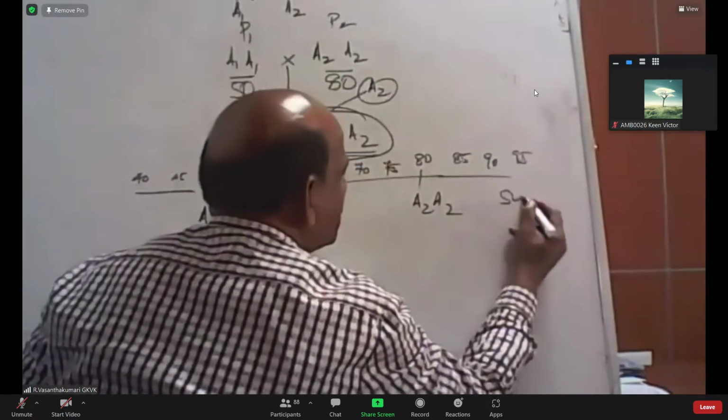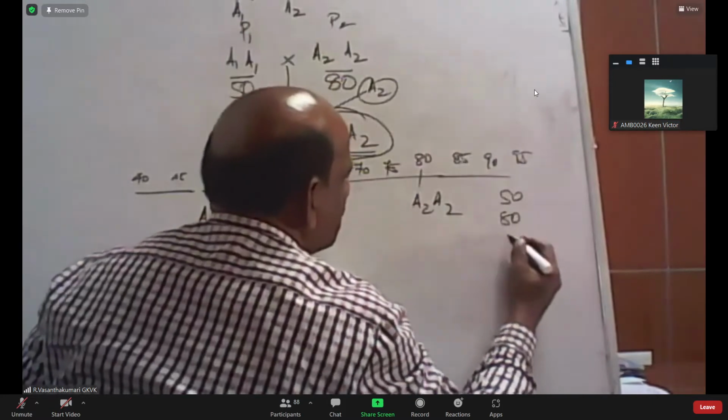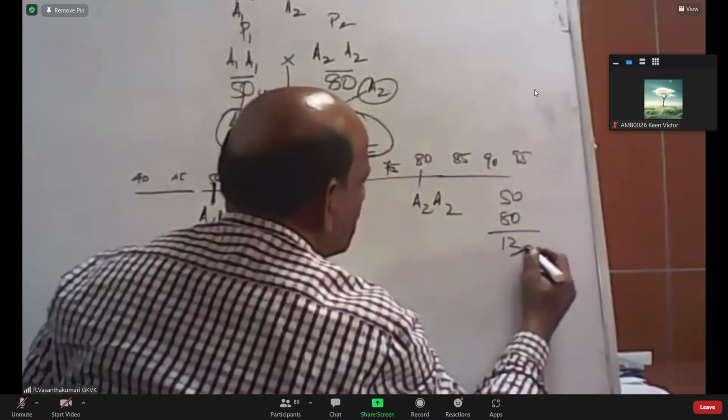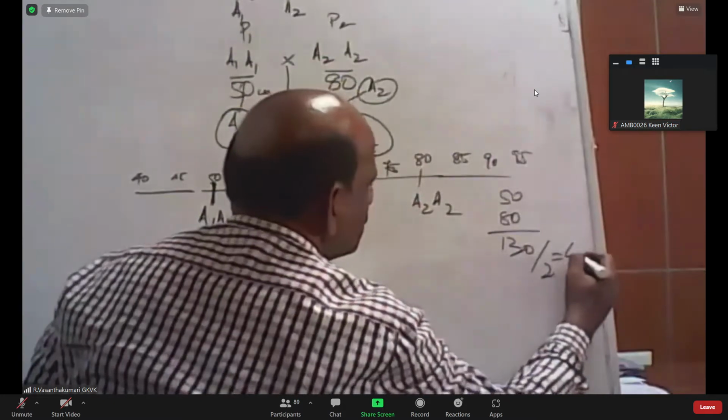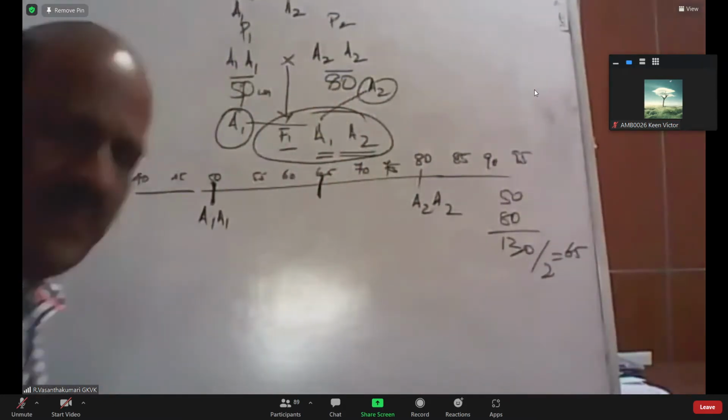A1 is 50 centimeters, A2 is 80 centimeters. 50 plus 80 is 130 centimeters, divided by 2 is the average, 65.